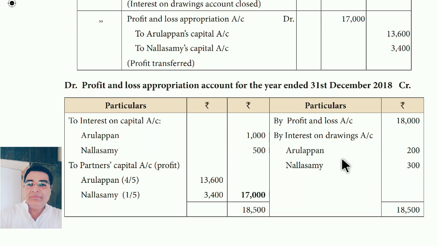Then fourth entry, interest on drawings account debit to profit and loss appropriation account, this 500 rupees, 300 plus 200, 500 rupees. Last entry, profit and loss appropriation account debit to Arulappan capital account, to Nallaswamy capital account, 13,600 plus 3,400, 17,000 rupees. Understand? Very good, students.